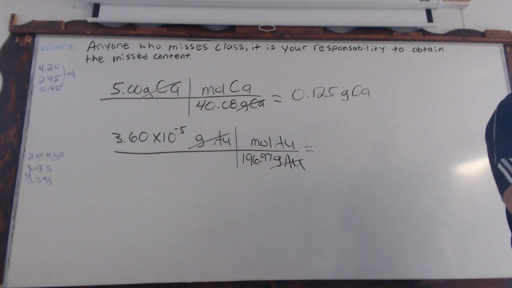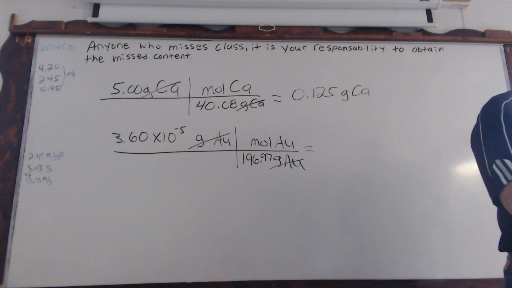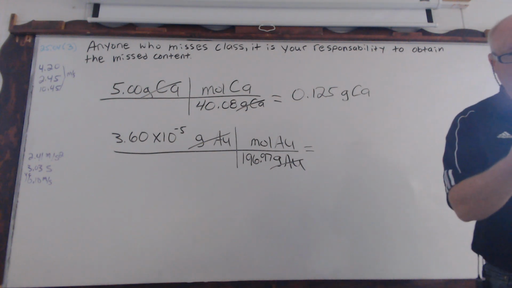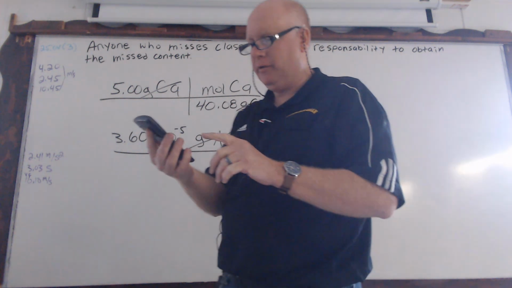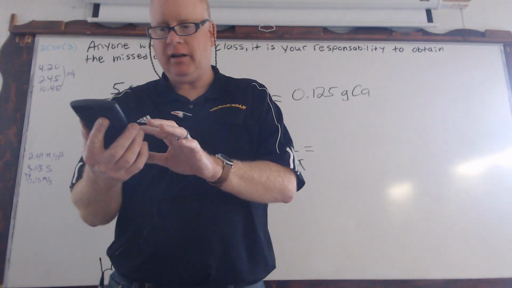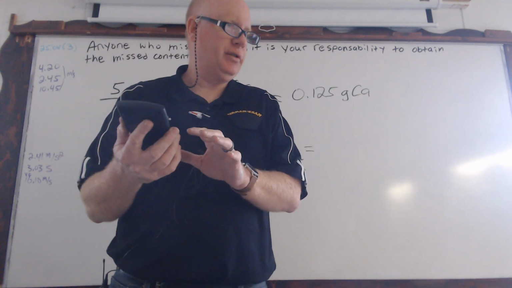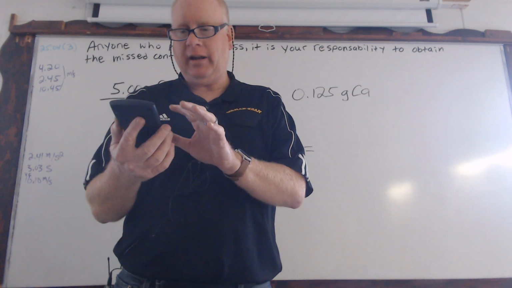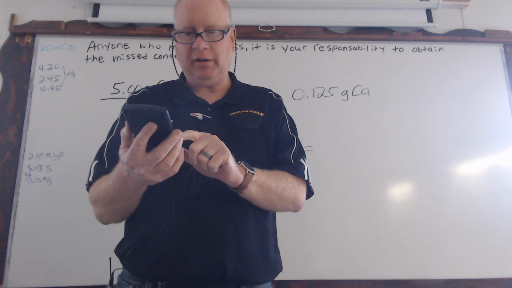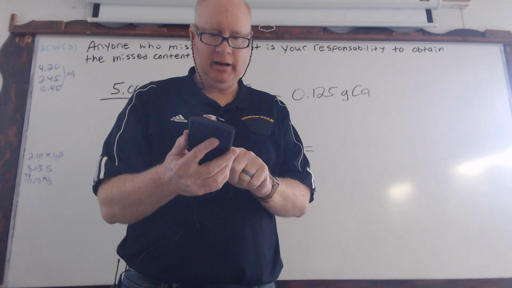It's changing the function of those to, rather than sine, it would be sine to the negative first. Cosine, cosine to the negative first. But here, you hit the second, and above your 7 key, notice it says x to the negative first. But once you hit that second, it changes it to exponent. Go ahead and hit that.